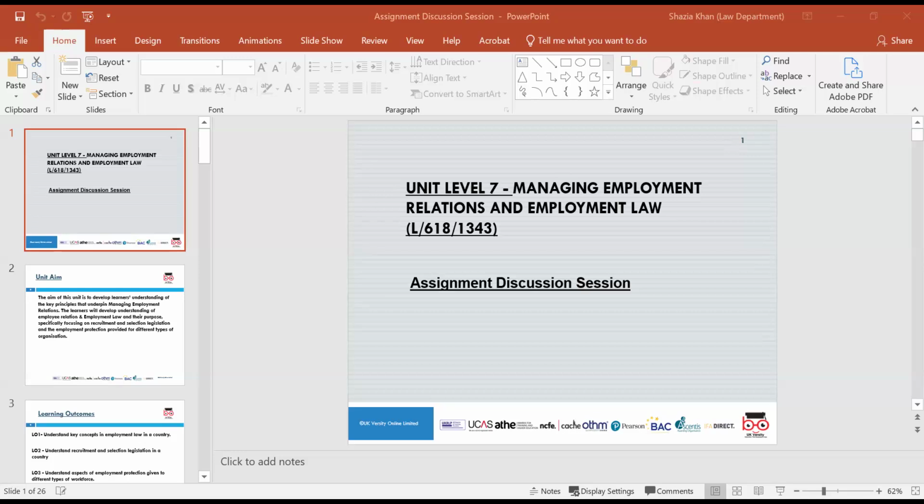We looked at 4.2, assessing the impact of external context and organisational level employment relations processes on organisational performance. We looked at the style of management, employee empowerment, flexible organisational structures, empowerment strategies, and the importance of them. We looked at bargaining with trade unions.